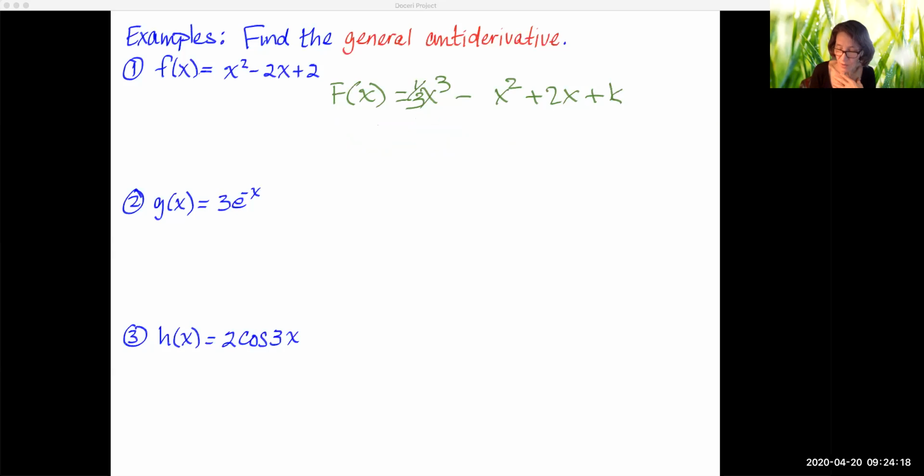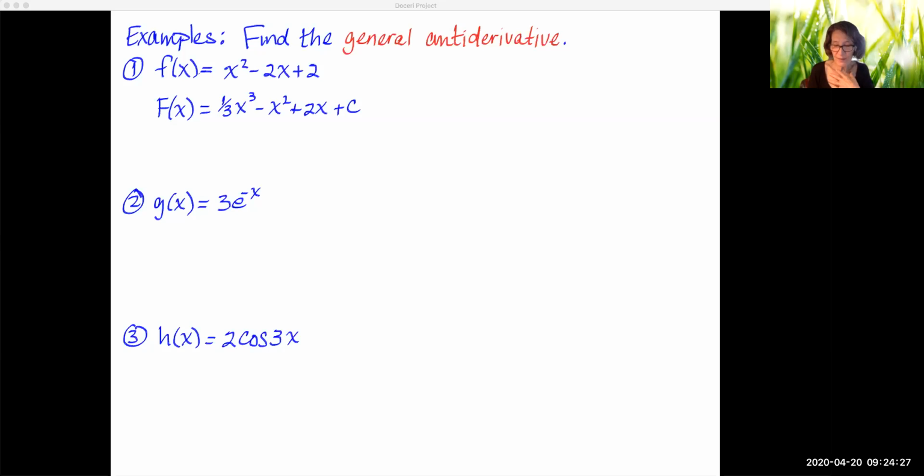So my guess was wrong, but it wasn't that wrong. So my final answer should have looked like this. Capital F of x equals 1/3 x to the third minus x squared plus 2x plus c.